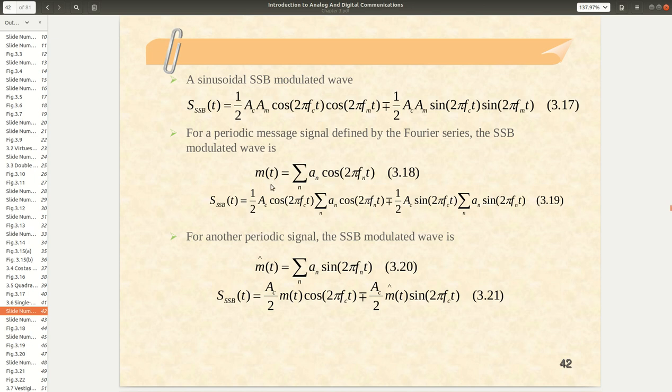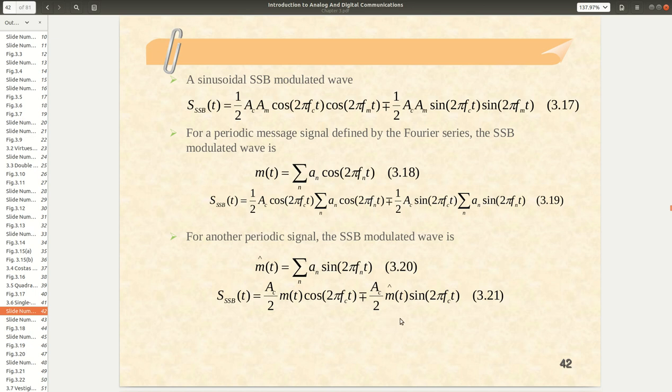Then you just put your signal in the cosine and in the sine. For another signal, m hat, you just put the m hat in your signal. So I can send the m of t in the cosine, and I can send m hat, another periodic signal, in the sine.